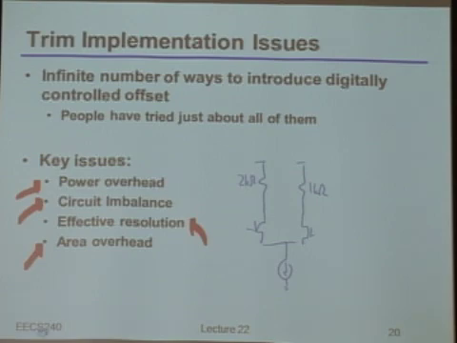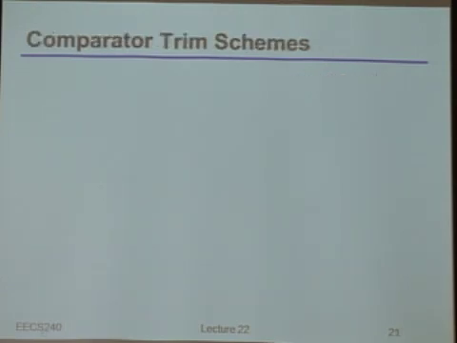So, having said all that, what I'd like to do now is walk through a couple of possible implementations for how we would really do this sort of comparator trimming or offset cancellation. The first one I want to briefly mention, only because it's an interesting reminder about how the strong-arm comparator actually works, is that we're going to do a DC offset cancellation by adding in capacitors.